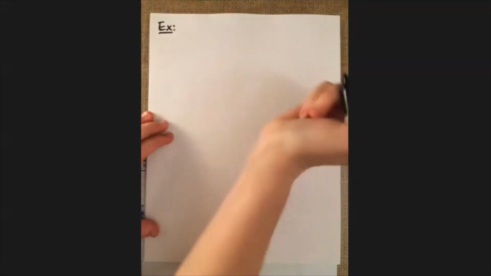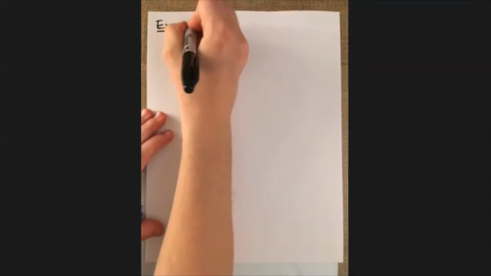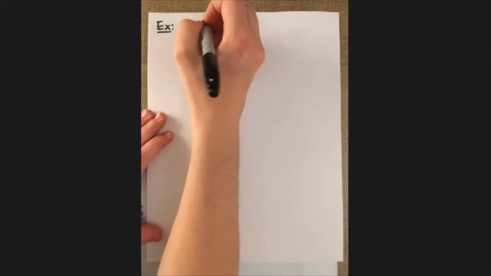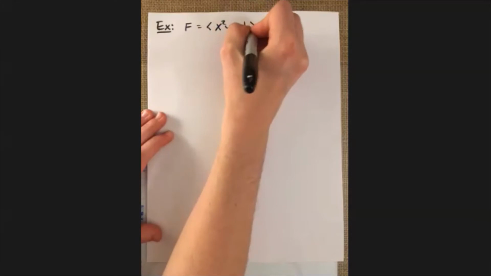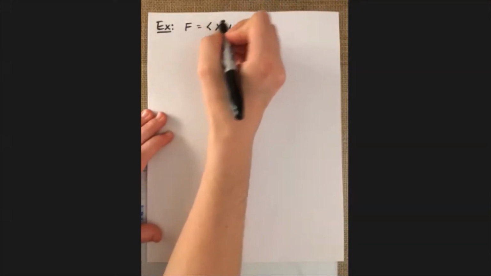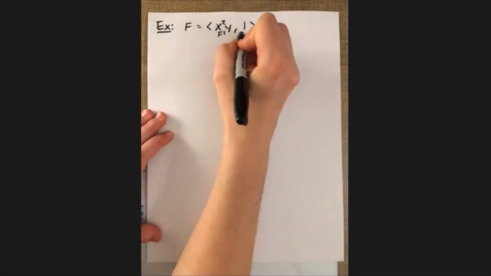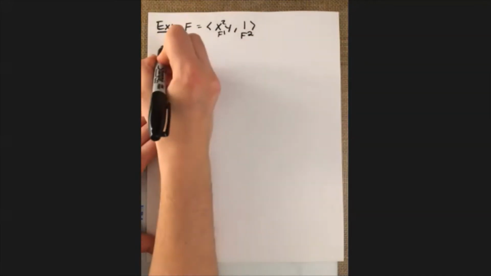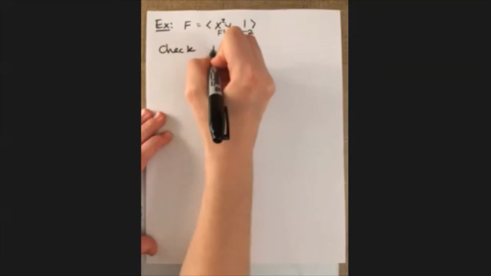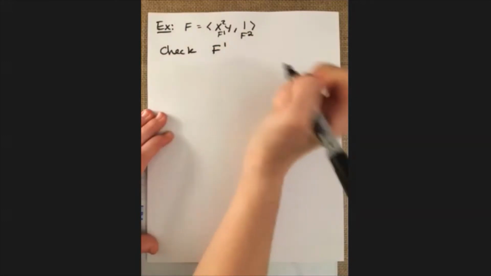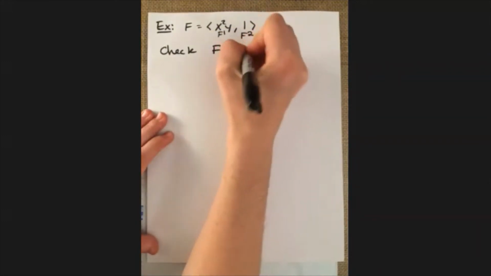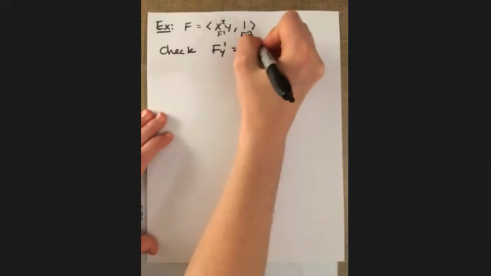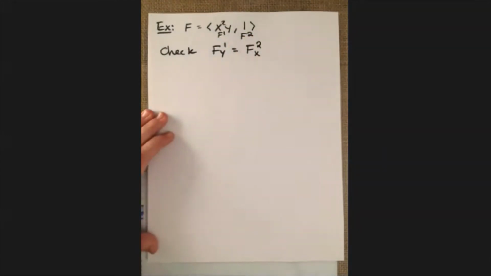Okay. Let's look at a two-dimensional case because we had kind of a separate test for the two-dimensional ones. So if we have f equal to x squared y, 1, and I'm going to call this first component f1 and the second f2, then what I want to check this time is that my first component's y partial derivative is equal to the partial derivative with respect to x of my second component.